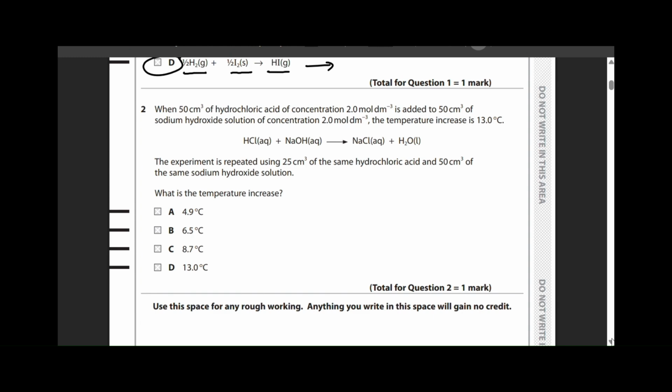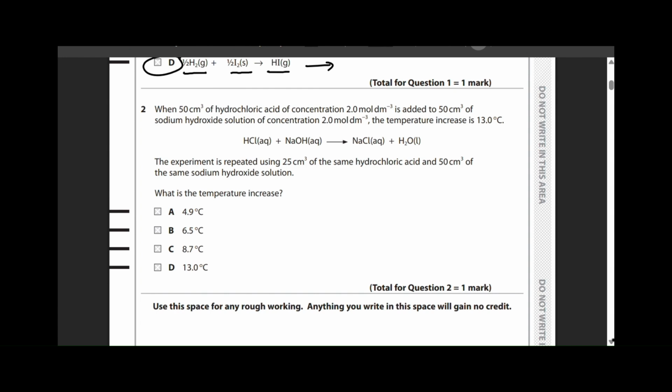But when they repeated the experiment, what happened? They reduced the volume of HCl to half. Now you need to calculate the temperature change when they repeat the experiment using half of the volume of hydrochloric acid.